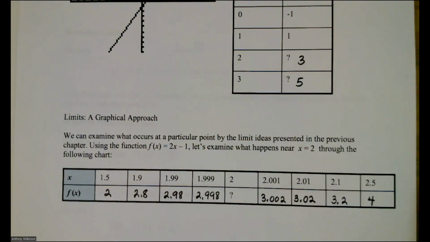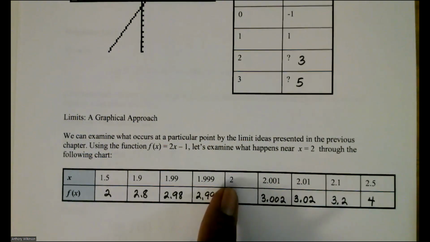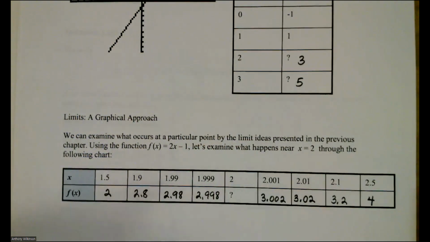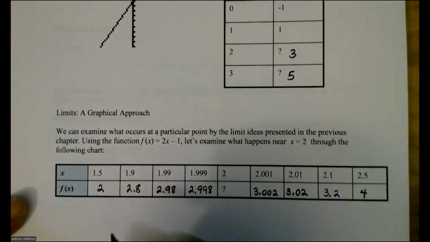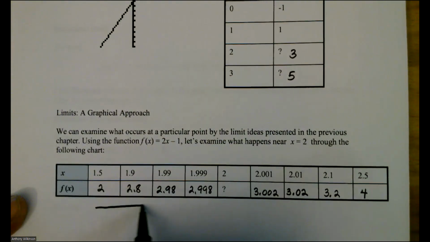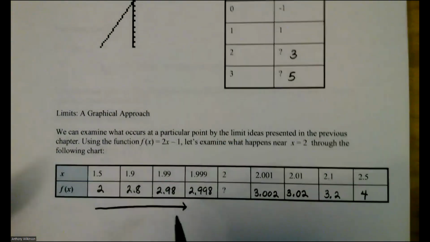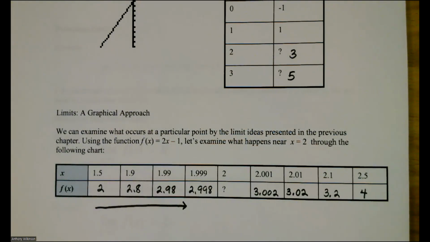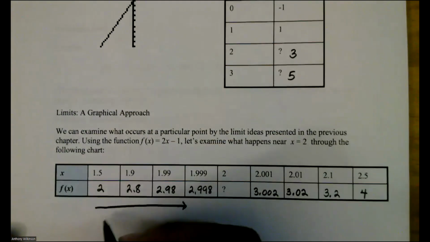All right, so now let's look at what value f of x is getting closer and closer to as we let x approach 2. Okay, so if we go in this direction, we're coming from the left.